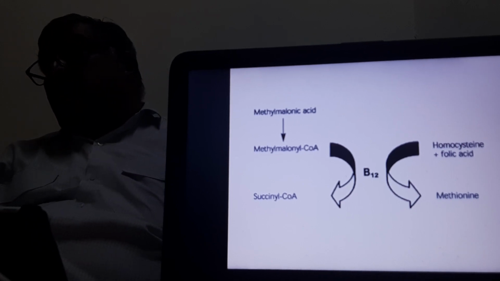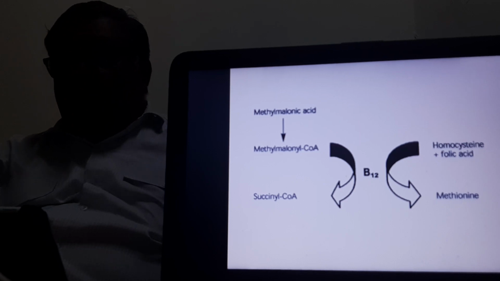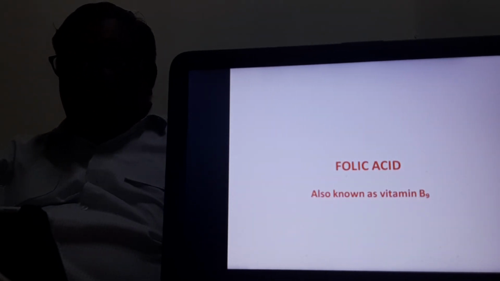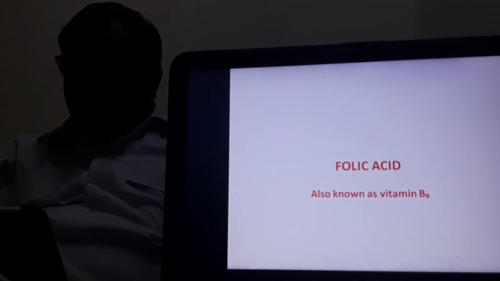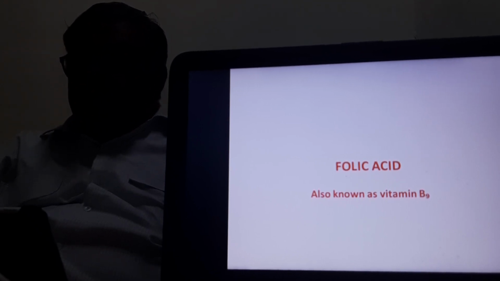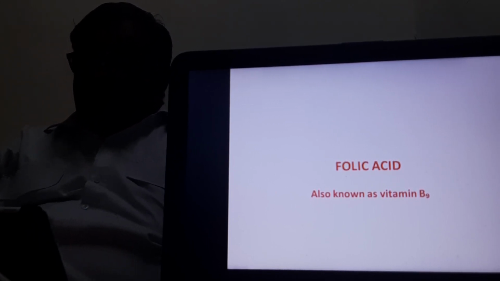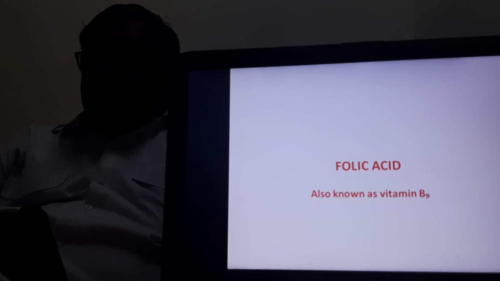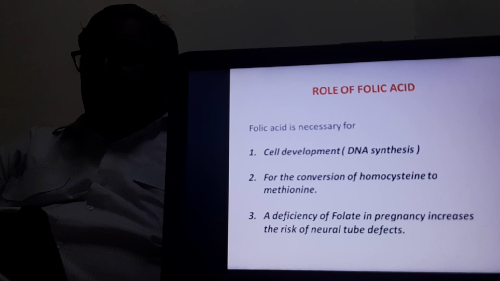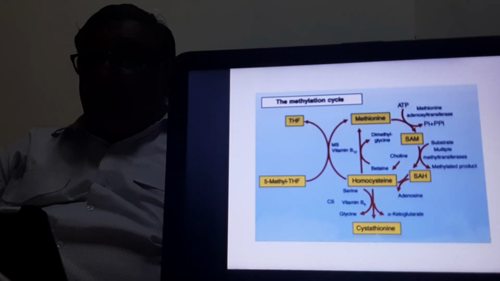Now the important thing about folate is that its deficiency can lead to neural tube defects. This is very important. Now B12 is needed by three cells very urgently. Those are the cells which are dividing very rapidly.